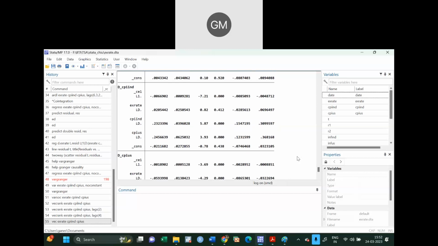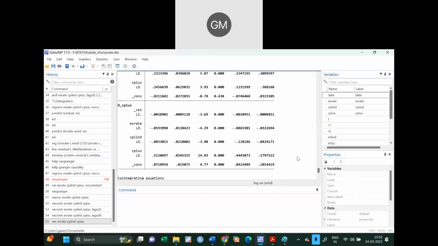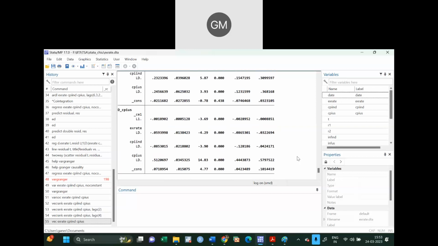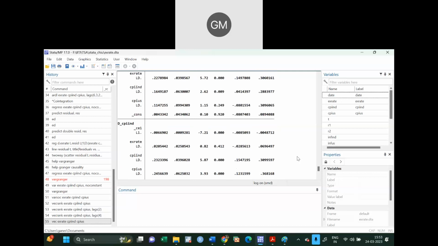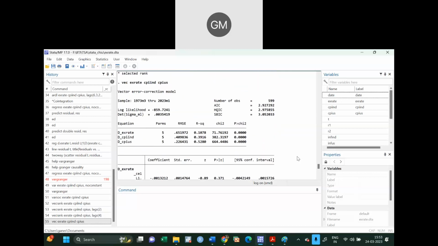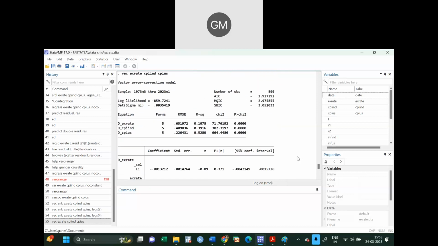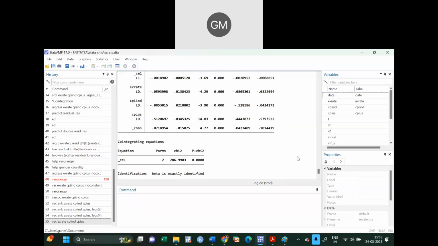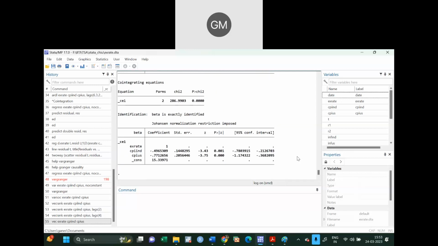You can cross-check different lags. So in the case of cointegration, what you will find is that first lag difference has been considered in all the cases, right? First lag differences. And this is the cointegrating equation.